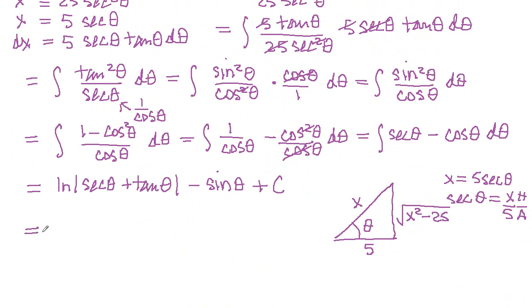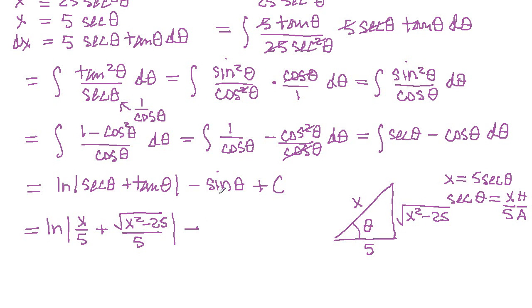So now we can reverse our substitution. Natural log, absolute value, secant theta is x over 5. And then tan theta, opposite over adjacent. So here's our opposite, here's our adjacent. So root x squared minus 25 over 5.